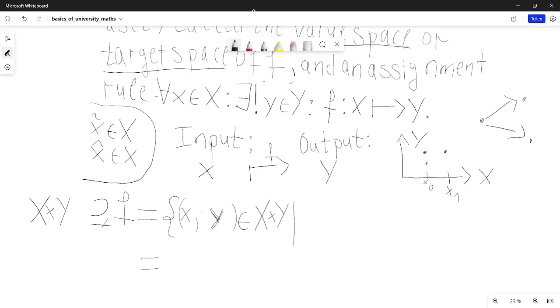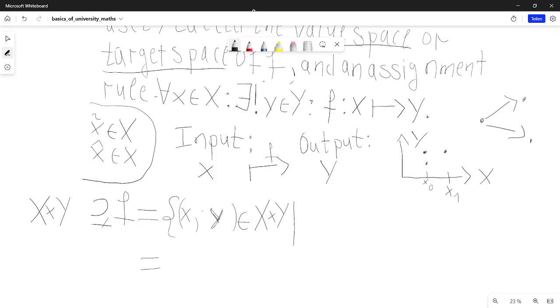If we'd like to just define it as a set, and we'd like to require that this set F is such a subset of the Cartesian product that it contains for each x, right?